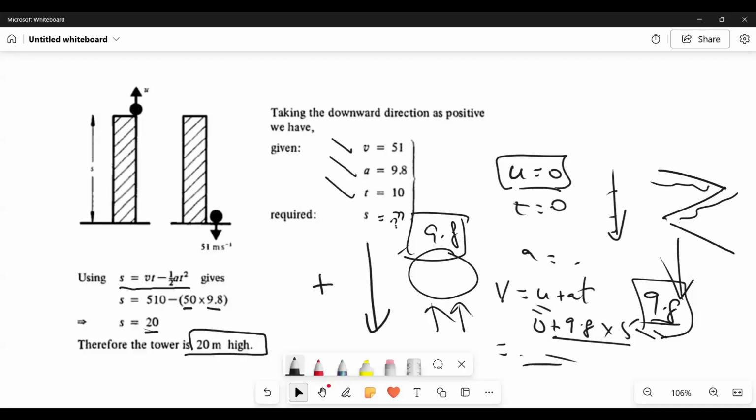Terminal velocity in air. I just want to see a rough figure. I'm not seeing a rough figure here.